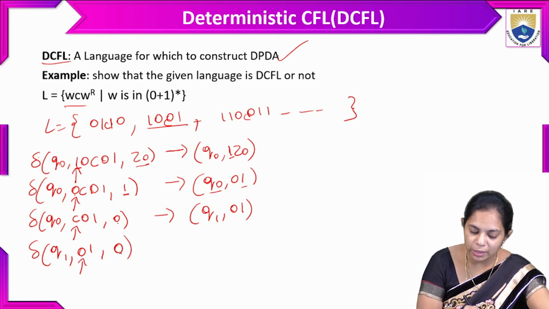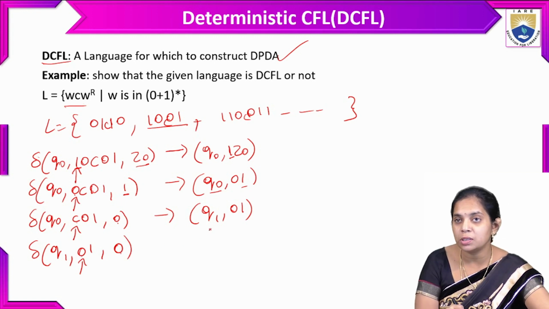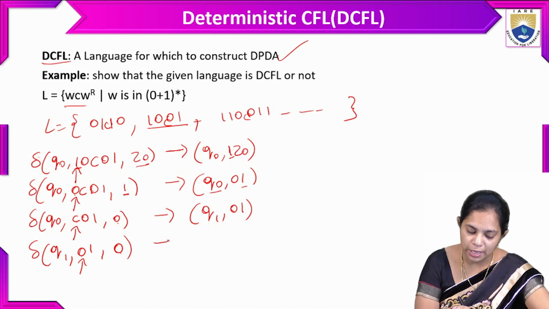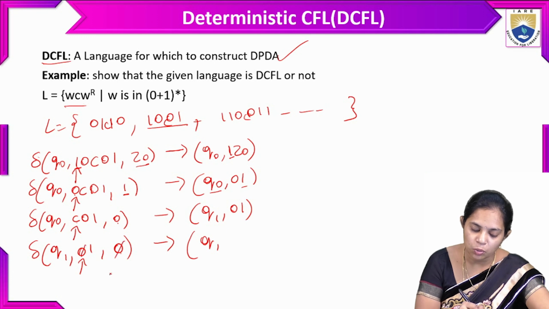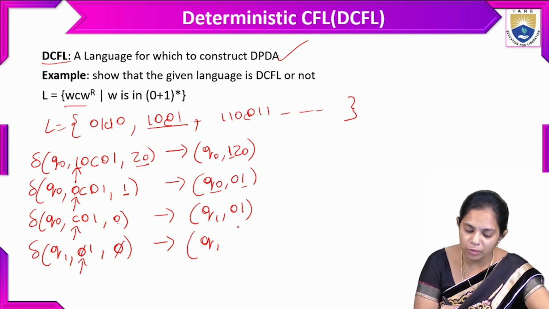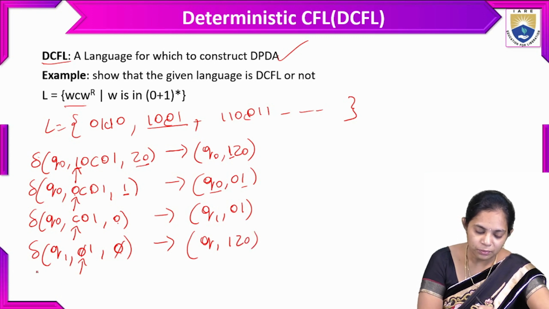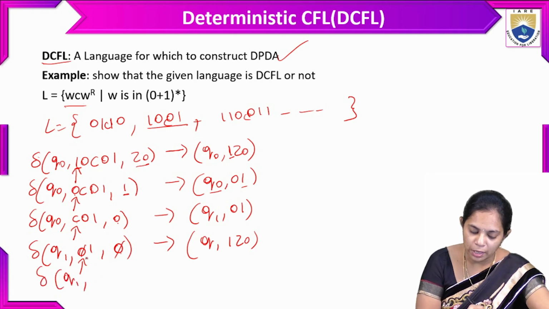Now whenever the matching appears, here 0 is there and 0 is there, in the Q1 state only we have to pop this 0. After popping, what is the input value? 1. The 1 is on top of the stack symbol Z naught. Next, in Q1, we already consumed 0 and only 1 is left, and the top of the stack symbol is now 1.